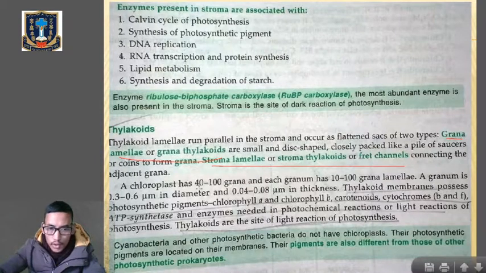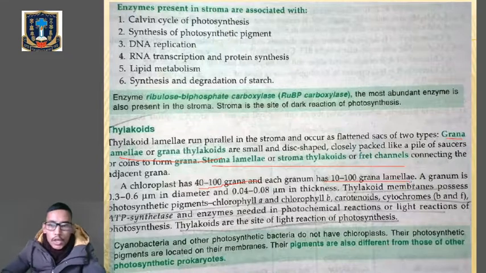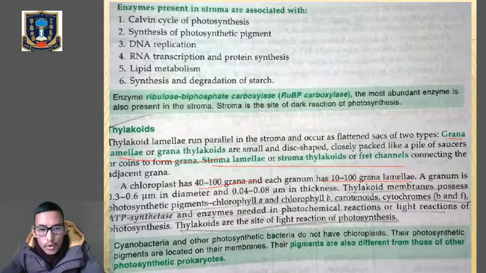Now the chloroplast has about 40 to 100 grana, and each grana has about 10 to 100 grana lamellae. The thylakoid membrane possesses photosynthetic pigments: chlorophyll A, chlorophyll B, carotenoids, cytochrome B and F, ATP synthetase, and enzymes needed in the photochemical reactions or light reaction of photosynthesis.